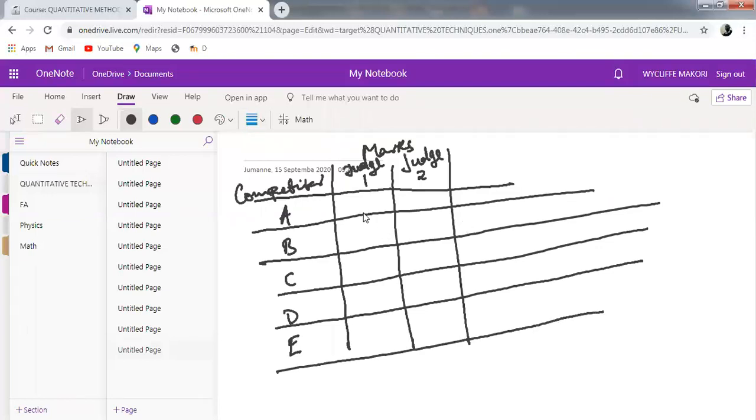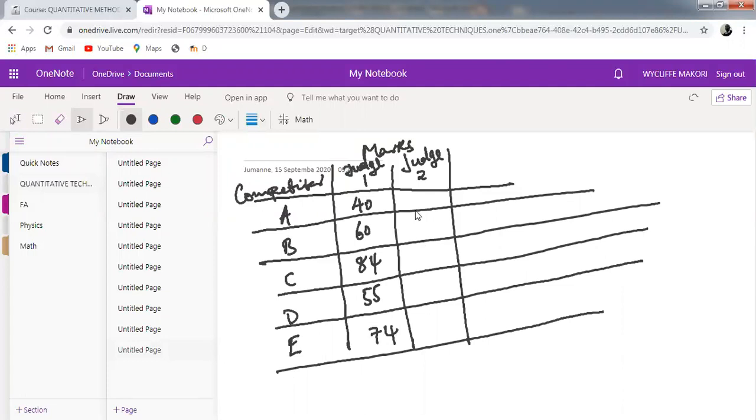So in this case, Judge 1 gave a competitor number 1, maybe he gave it 40%. This one was given 60%. This one was given maybe 84. This one was given maybe 55. And this one was given maybe, we can call it about maybe 74%.